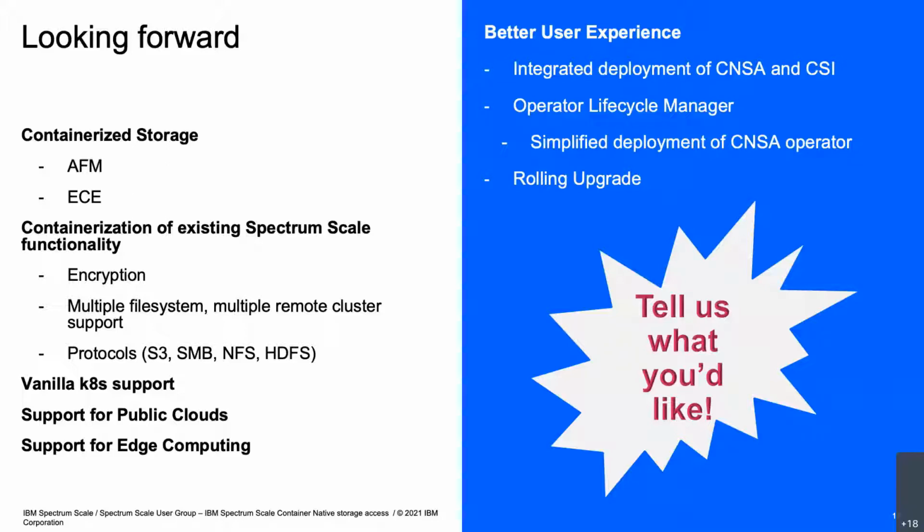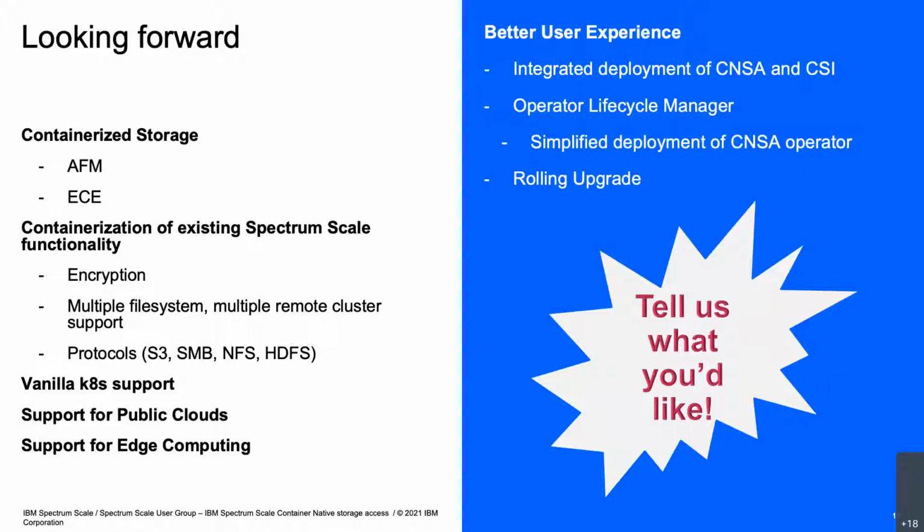So we are looking at containerizing local storage using AFM and ECE. So that's storage that'll be realized in your OpenShift cluster instead of using the remote mount storage cluster offsite. We're looking at containerization of encryption, containerization of the existing functionality we have today in Spectrum Scale encryption, the multiple file system support, the multiple remote cluster support, and also supporting protocols, S3, Samba, NFS, HDFS.